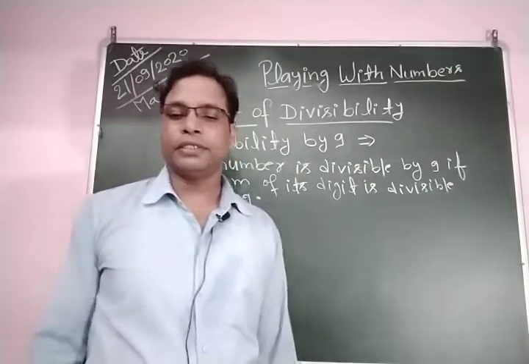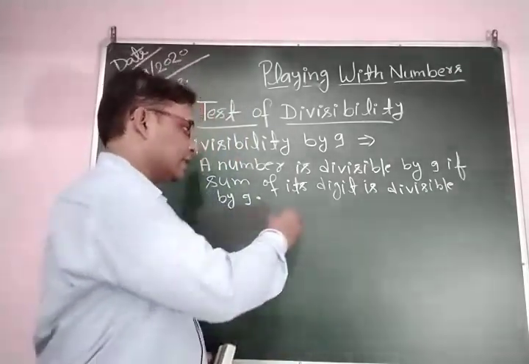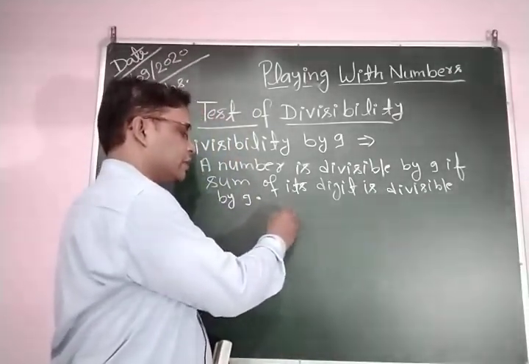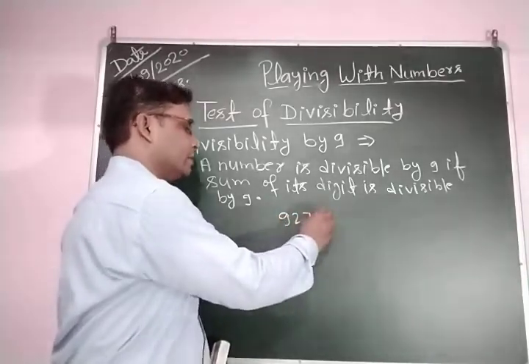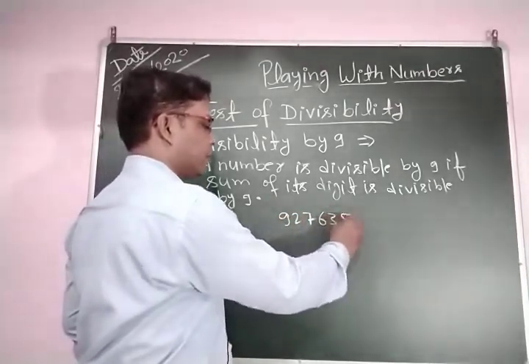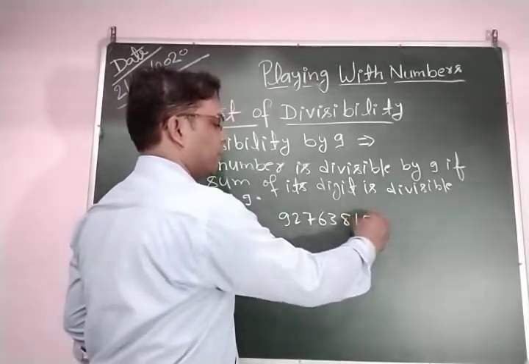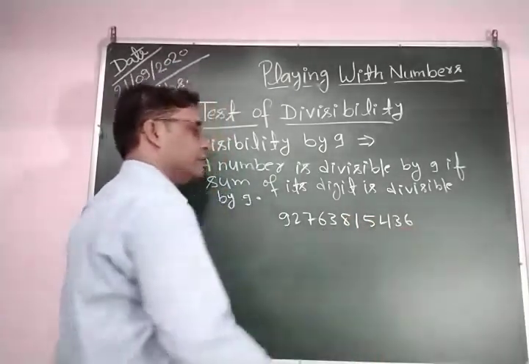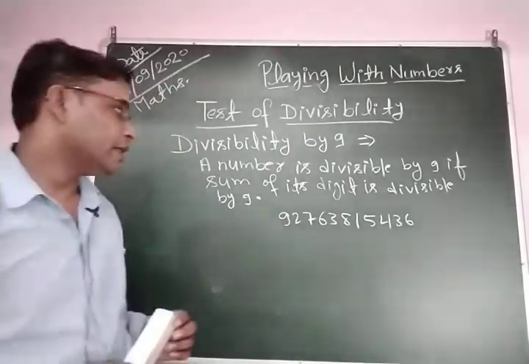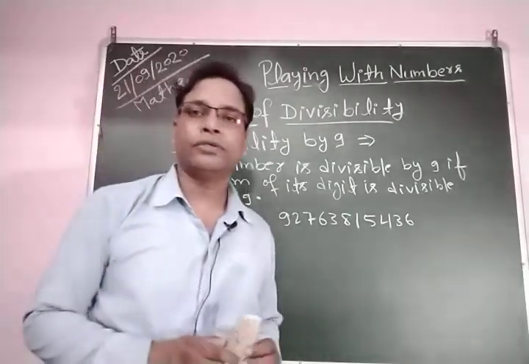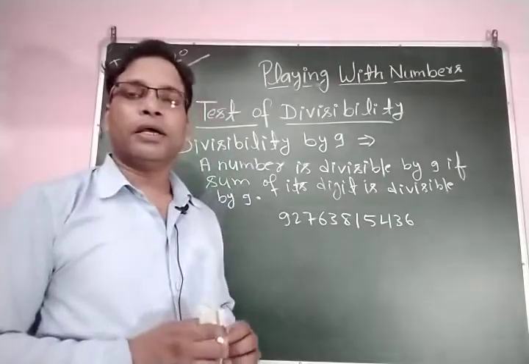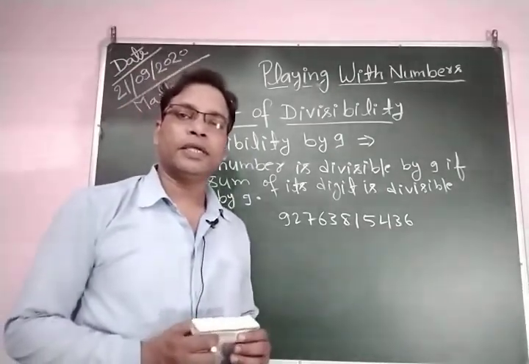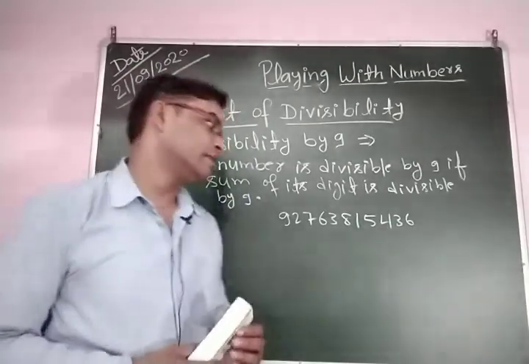So for this we take a number like this. For example, we take this number 9 2 7 6 3 8 1 5 4 3 6. Is this number divisible by 9 or not? So for this, first we need to find the sum of digits of the number.